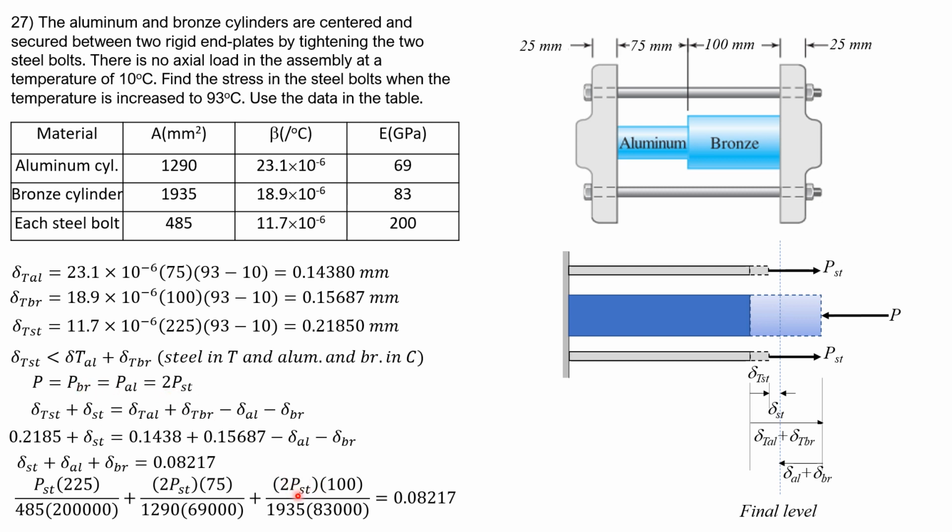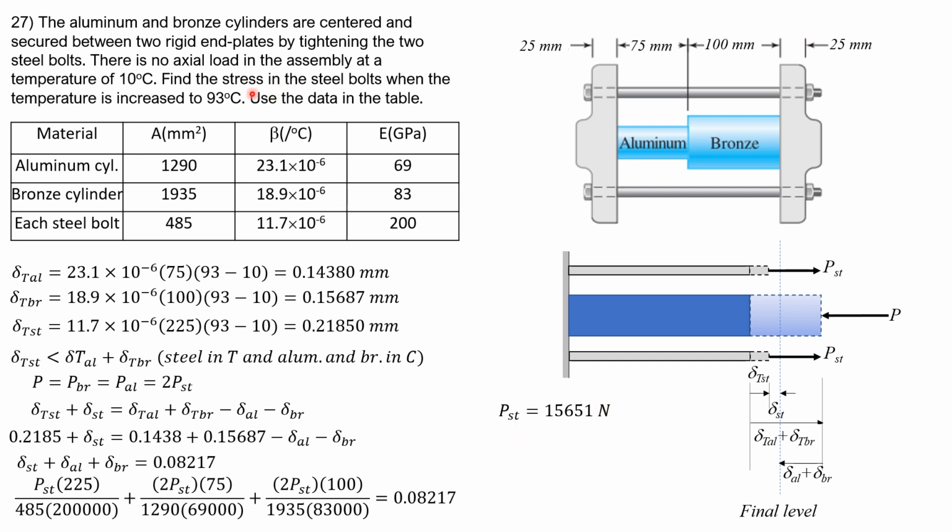Length of bronze is 100 mm divided by area of bronze, 1935 mm square, and modulus of elasticity 83,000, equals 0.08217. So it is the force in steel that is left in this equation as the unknown. So computing for PST, it is equal to 15,651 newtons. So this is the force in the bolts.